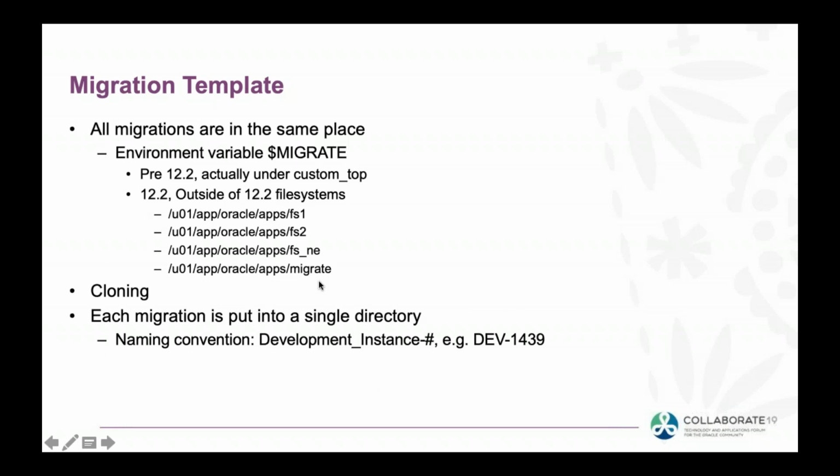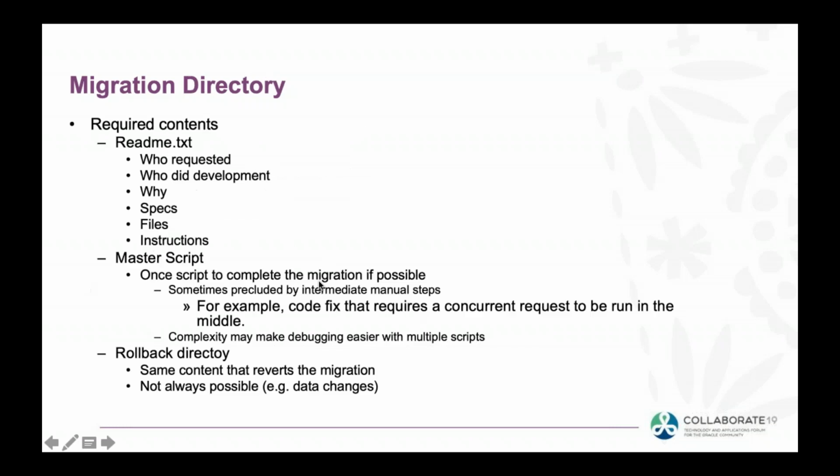And then each migration goes into a single directory. The instance name it starts with, and then a tracking number. In each directory, we've got a README file with who requested it, who did the development, why, specs, what files are changed, instructions.